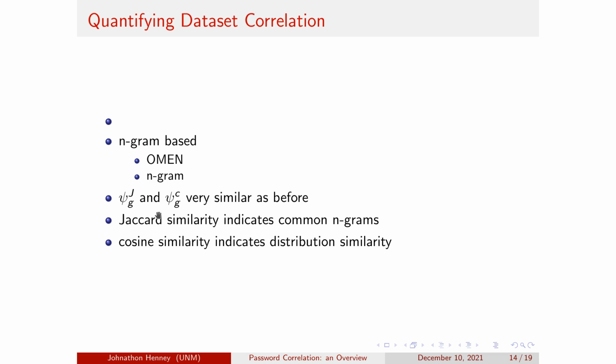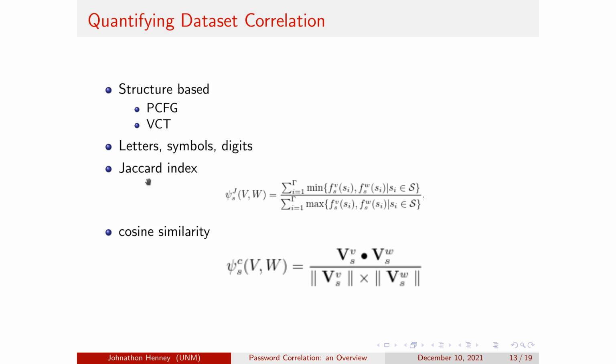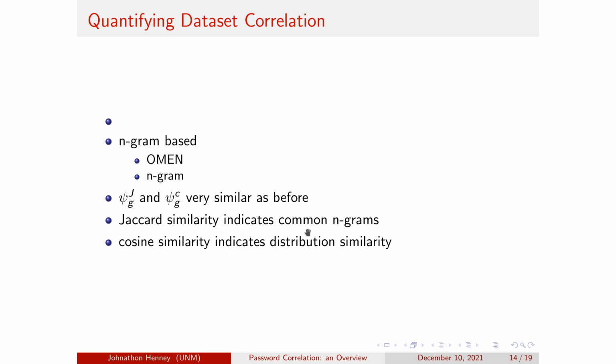And for both of these terms, here and on the previous slide, the Jaccard similarity indicates common n-grams, and up here it correlates to common structures of passwords. And then the cosine similarity is the distribution of the entire datasets together.